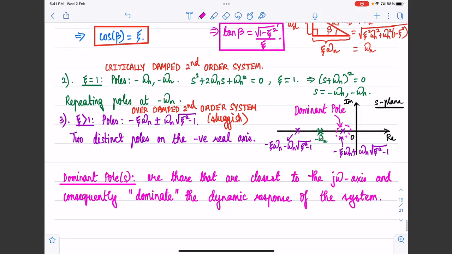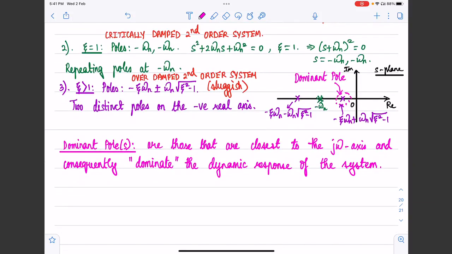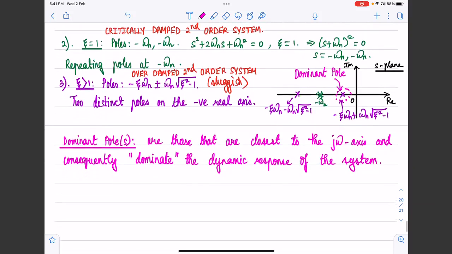They are the poles which are closest to the j omega axis, and obviously they will dominate the system response.